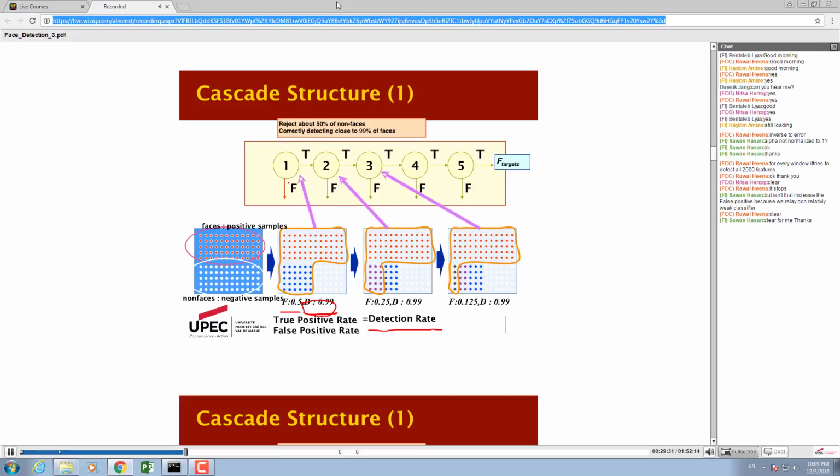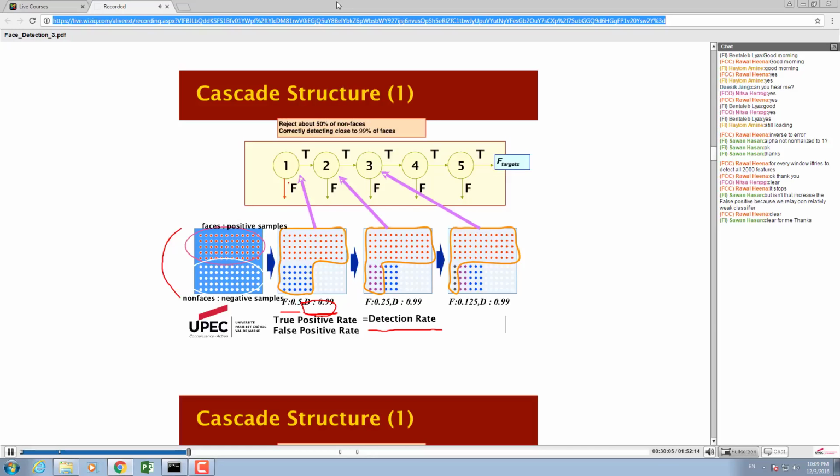And for the false positive rate, we start with 0.5. It means 50%, so it is a very big false positive rate. From the whole set of samples, in this example the positive samples are represented as red dots and the negative samples as white dots.